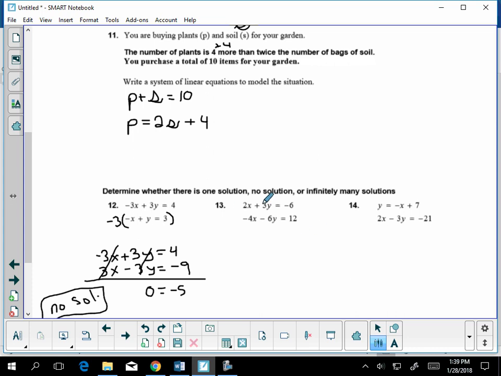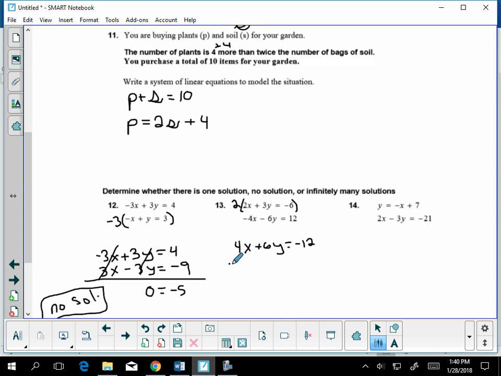On the top one here, I've got 2x and I've got negative 4x. They're already opposite signs, but I want to make them opposite numbers, so I'm going to multiply that by 2. Rewrite by distributing, 4x plus 6y equals negative 12.